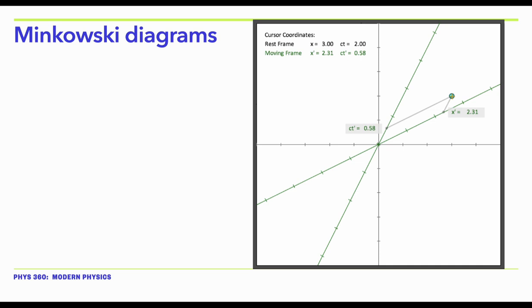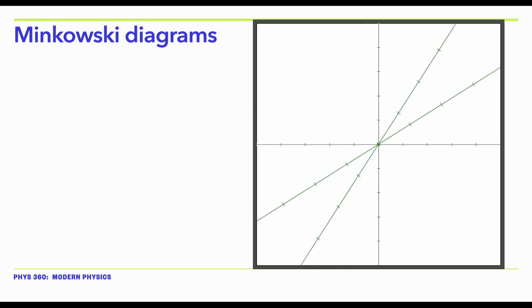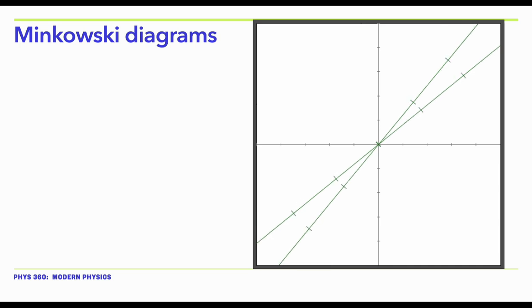The other thing we can do is vary the relative velocity between the moving frame and the rest frame, or between the unprimed and primed frames. So we start with a value of beta around 0.5, and you can see how the x prime and the CT prime axes fold together in the limit that the velocity approaches the speed of light.